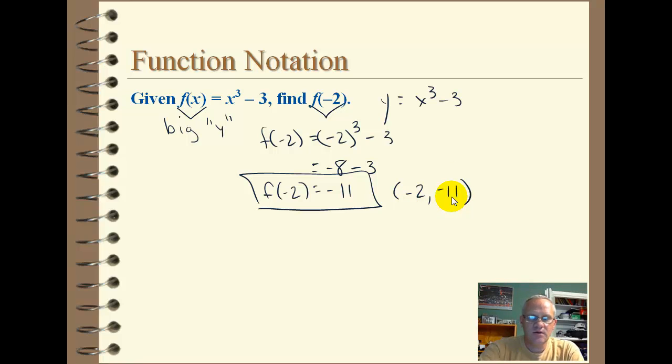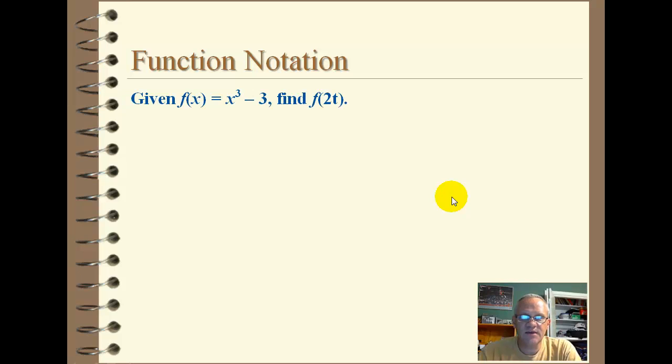What happens if they give you something like f of 2t? Uh-oh. There's a variable in there. What am I going to do with that? Same thing. Just plug it in for x. Simplify it as much as you can. You may not get a number like we did a second ago, but you can simplify it. So we're going to say f of 2t equals 2t to the third power minus 3.